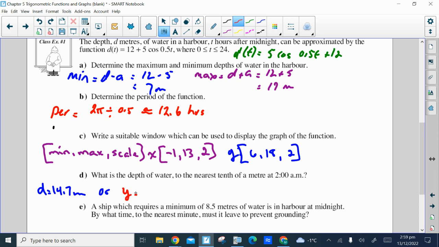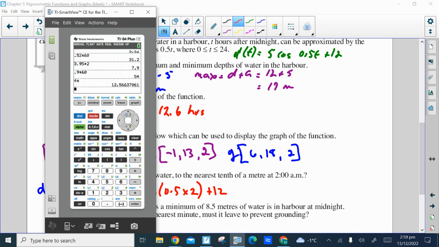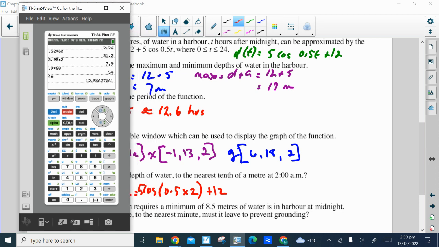We can let t equal 2 in the equation. So it'll be cosine of 0.5 times t, and in this case t is 2, plus 12. I forgot the 5 in front of the cosine. So our calculator is in radian mode, which is what we need.